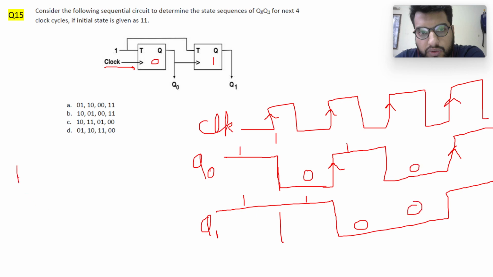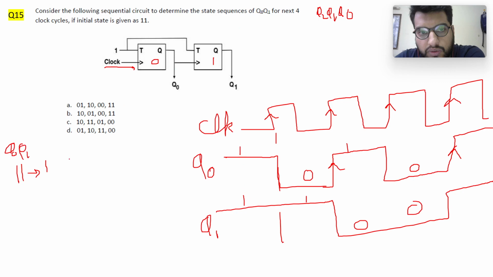So if I start from 1 1, I go to 1 0. As I told you earlier, that time we had Q2 Q1 Q0. Here I have Q0 Q1, so you need to be careful with these things. The order that the question is asking is Q0 Q1.